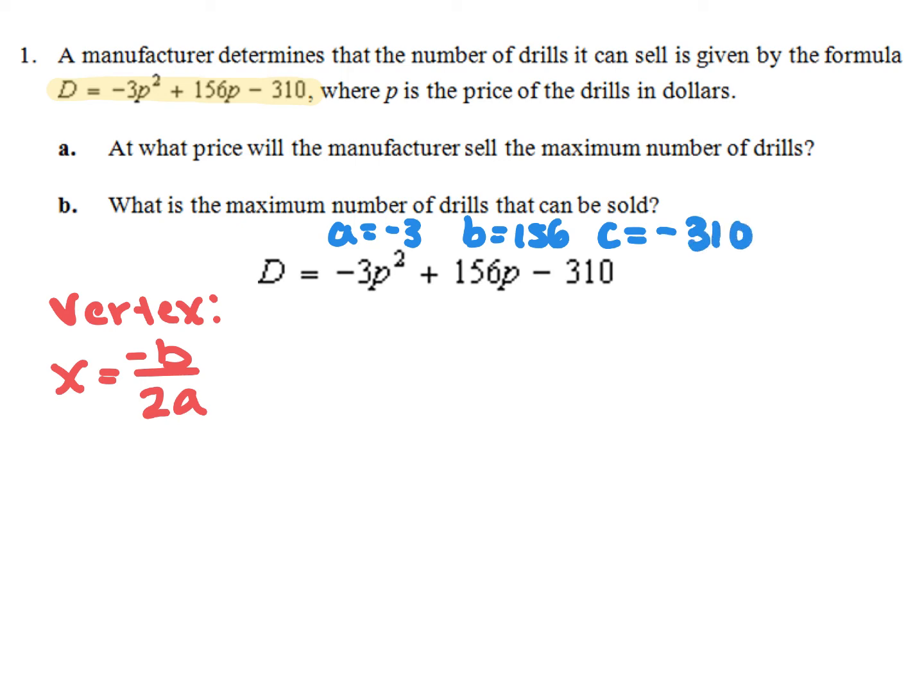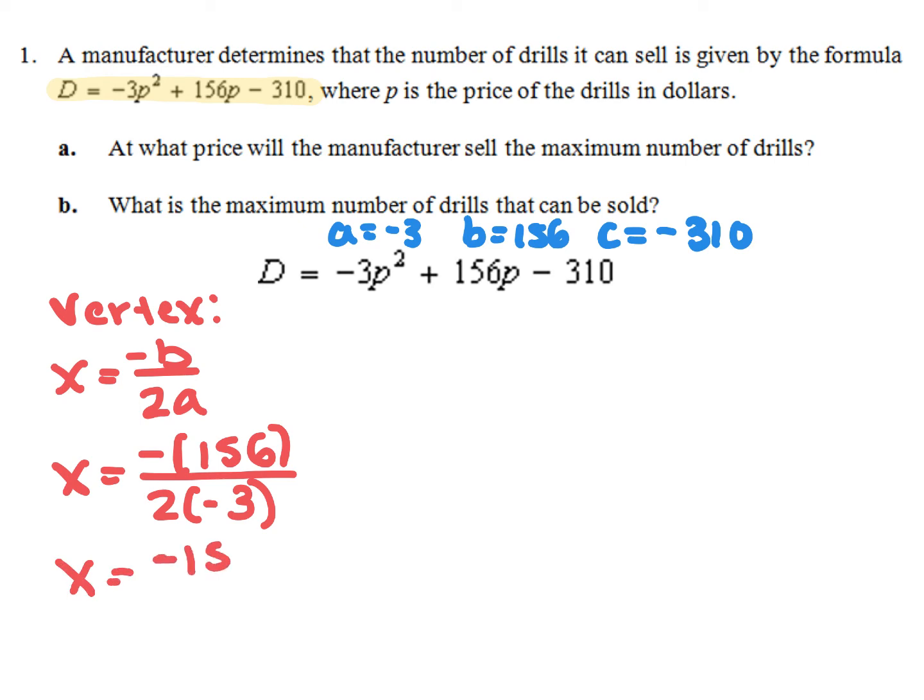So now if I substitute, we'll get that x equals negative times 156 over 2 times negative 3. So that gives us x equals negative 156 over negative 6. And if you divide that in your calculator, you would get that x equals 26.